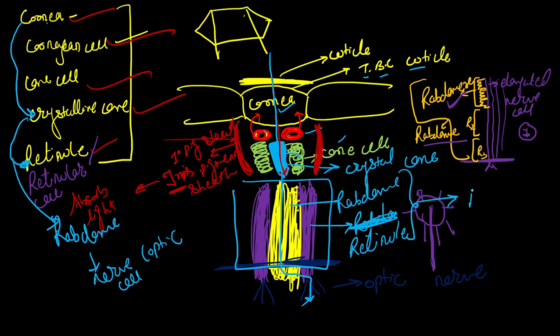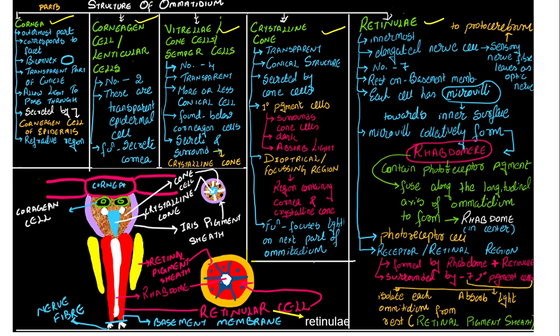Retinulae and rhabdome combined are going to act like a receptor. So the light ray which is coming till the crystalline cone is going to be spread on all these, because rhabdome and retinulae act like a receptor, and then it will pass through the optic nerve. I hope this must be clear to you.